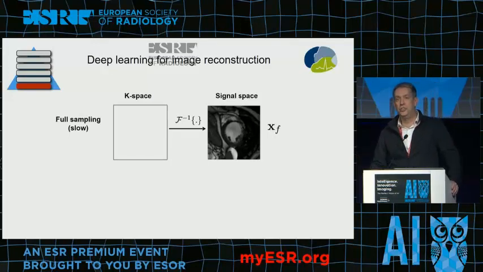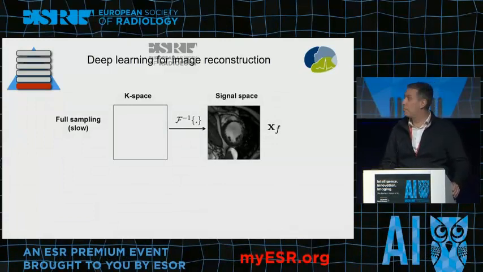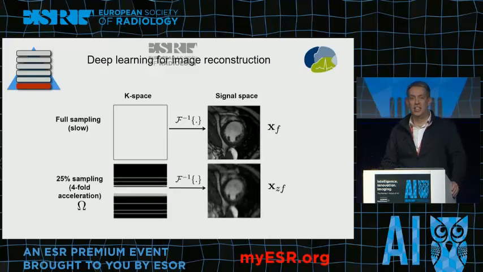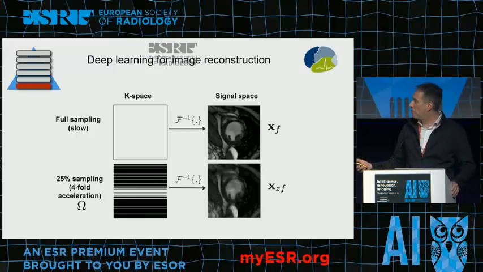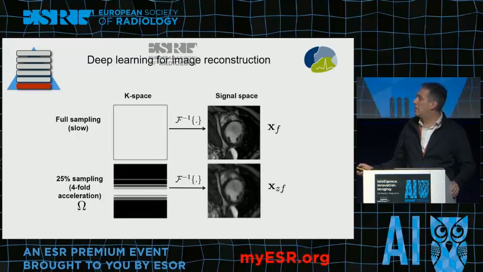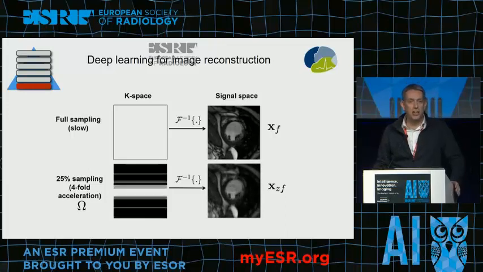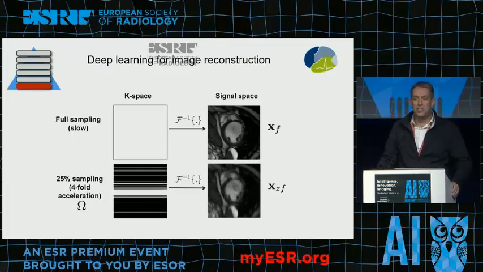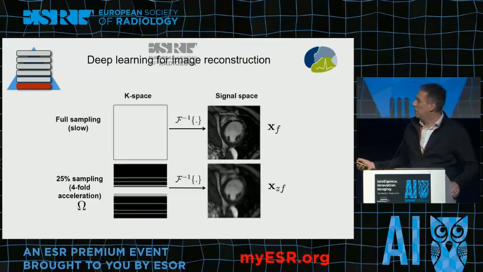This is relatively slow, and for patients it can sometimes be uncomfortable. So I'm going to skip most of the data. I'm only going to acquire a quarter of the data by randomly sampling k-space. The advantage is that if I only acquire a quarter of the data, my image is acquired four times faster. That's great.